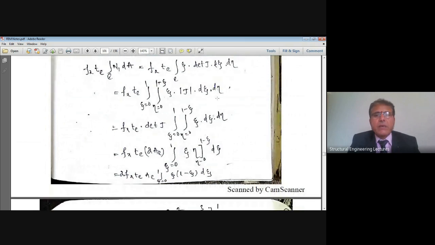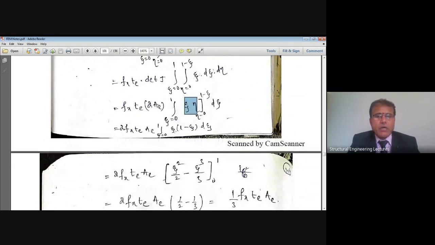Now let us integrate this first with respect to eta. That is how Fx t det J can be taken out of integration. Integration over xi from 0 to 1, eta from 0 to 1 minus xi, of xi d xi d eta.